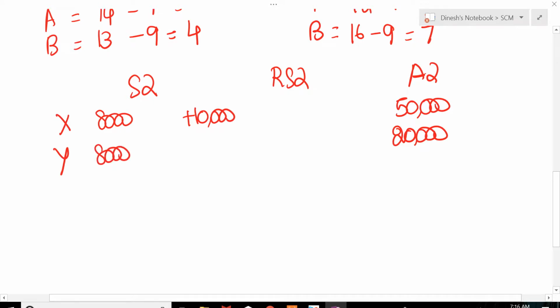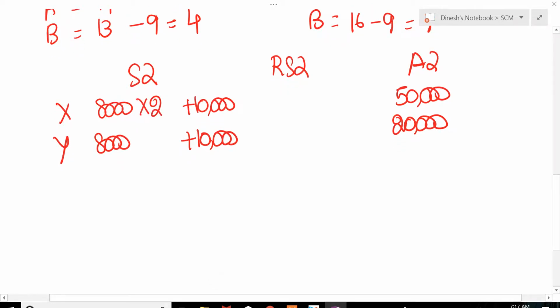Now listen. To produce 1 unit of A, how many units of X are required? 2 units of X. How many units of Y is required? 8,000 into 2, 8,000 into 1. To produce 1 unit of B, how many units of X is required? 3.